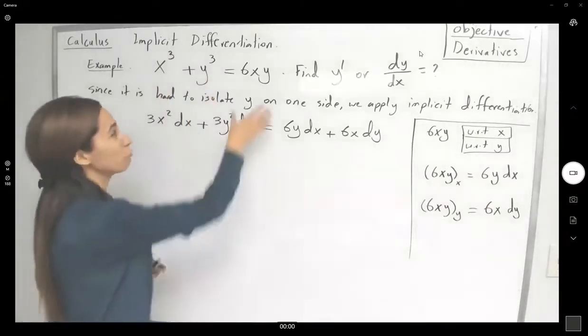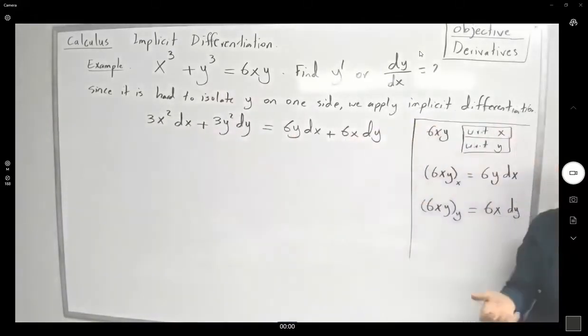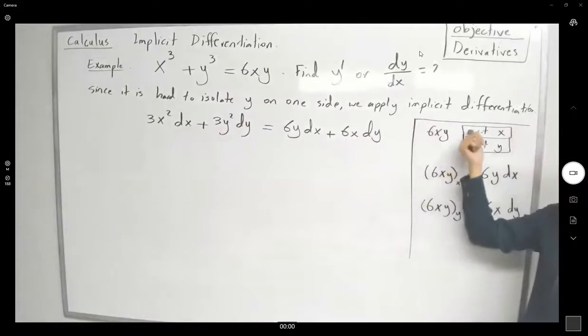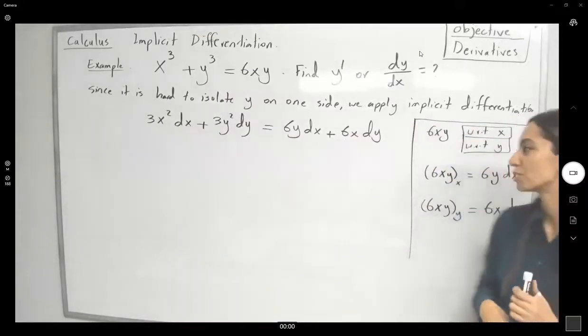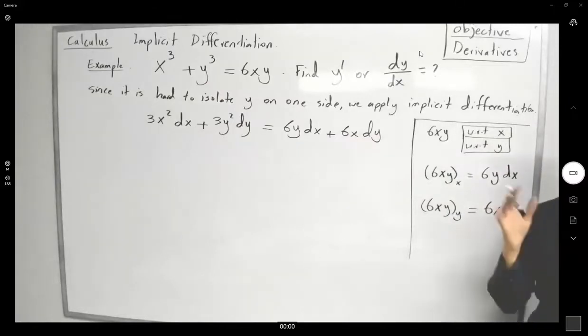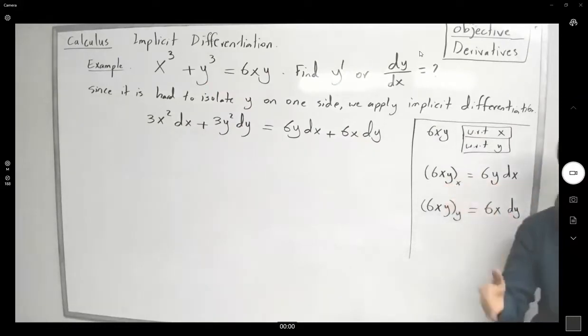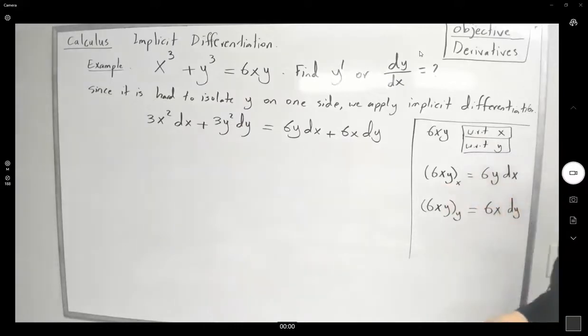But here you have multiplication on the right-hand side. Well, what's the meaning of that? It means that you have to take the derivative with respect to x first, then take the derivative with respect to y. If you're taking the derivative with respect to x, it means that y is a constant. So this is a constant, you copy it down. It acts like 6, like 3, a half, a fourth, anything.